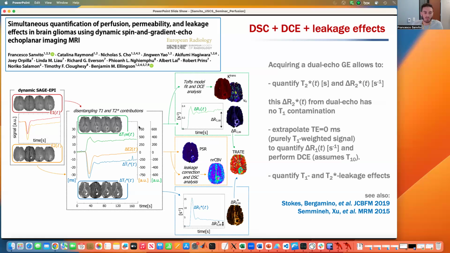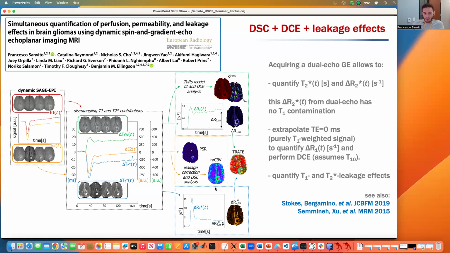Of course, the T1 component you can use for a DCE analysis, get K-trans and Ve if you want. And you can also quantify what is the delta R1 at steady state. So what is the increase in delta R1 at the end of the sequence, which quantifies the post-bolus T1 effects, essentially.